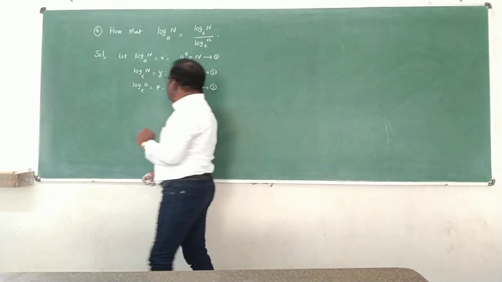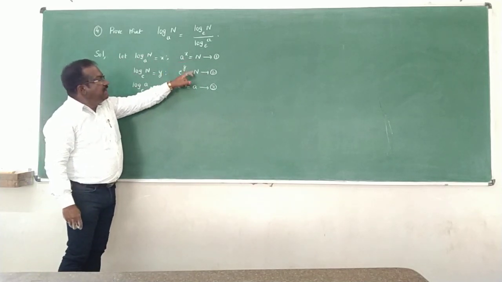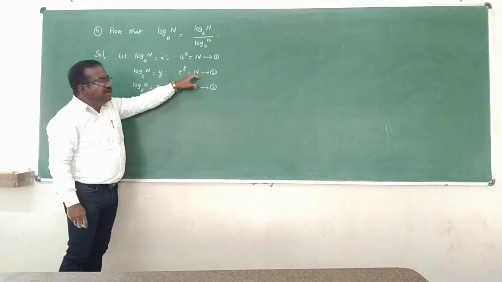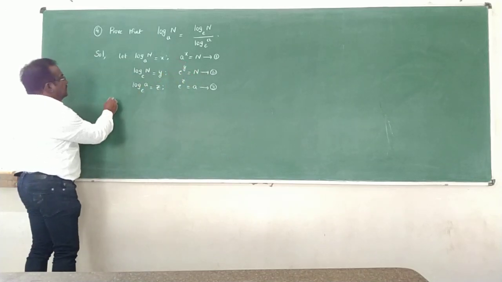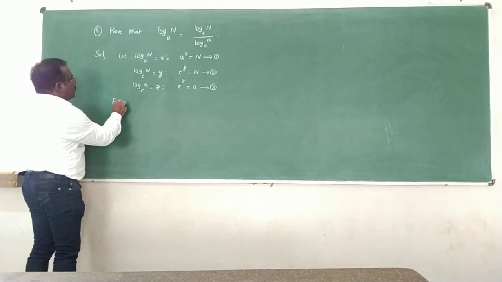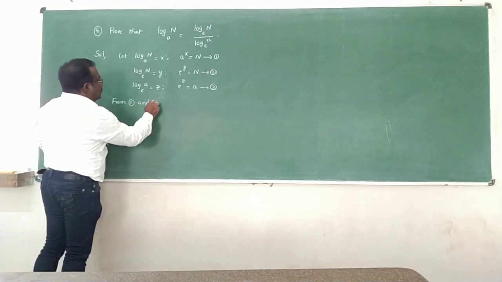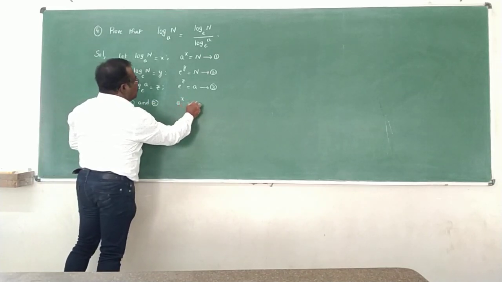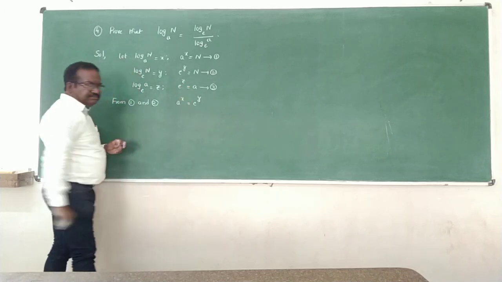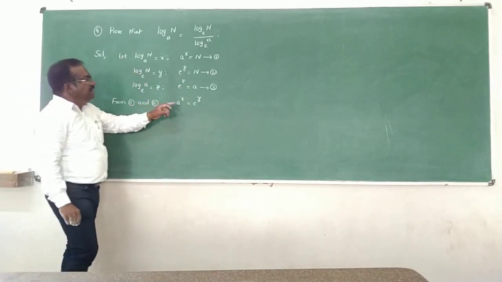Now let us continue with this property. In 1 and 2 you can observe that the RHS are the same. When the RHS are the same, can we make the LHS equal? Yes. From 1 and 2, we can write a power x is equal to e power y.